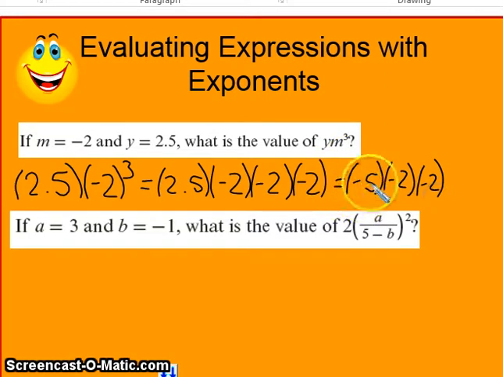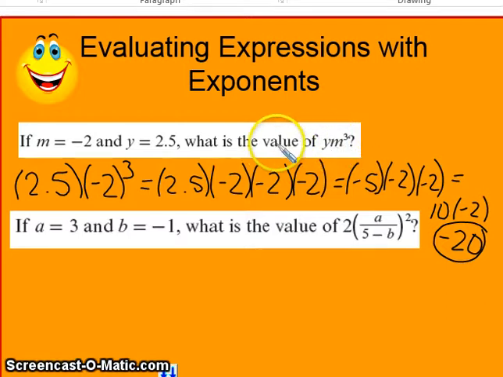Then I have -5 times -2, which is a positive 10. And finally, I have 10 times -2, which is -20. Be very careful that you only apply the exponent to the base that it's designated for and not to the whole quantity.